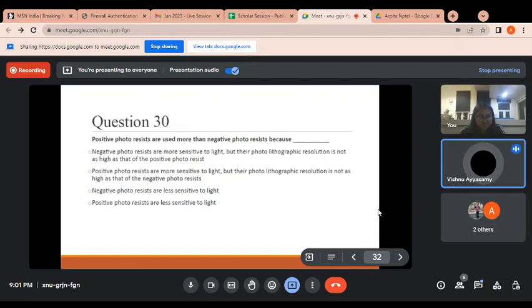Resolution is higher, ma'am. Which option is the right answer? Option A or B? Or C or D? Option A, ma'am. Yes, the right option is option A. Negative photoresists are more sensitive to light, but their photolithographic resolution is not as high as that of positive photoresist, right?